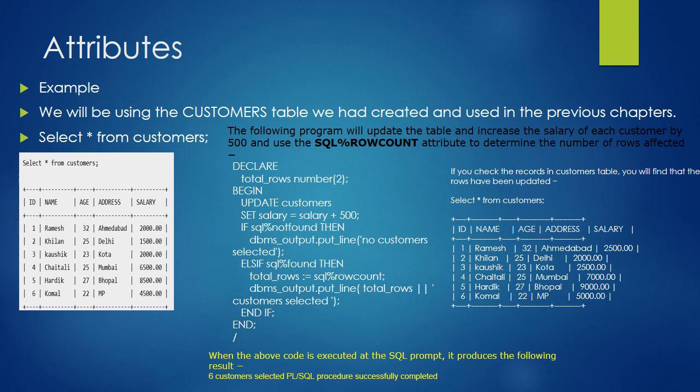The following program will update the table, increasing the salary of each customer by 500, and the SQL%ROWCOUNT attribute determines the number of rows affected. When the code is executed at the SQL prompt, it produces the following result: 6 customers are selected. If you check the records in the customers table, you can find the rows have been updated.